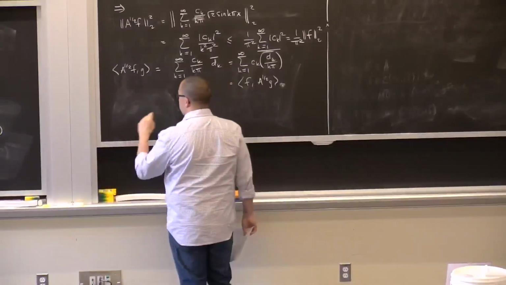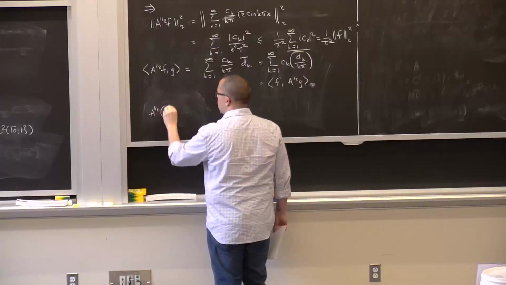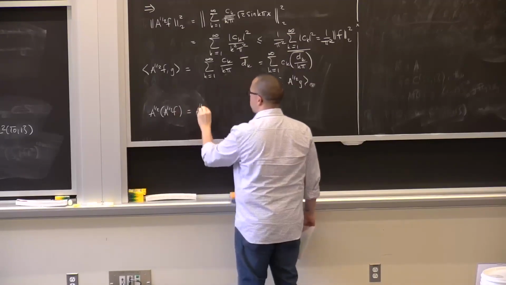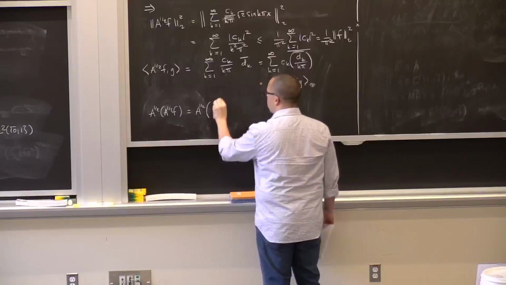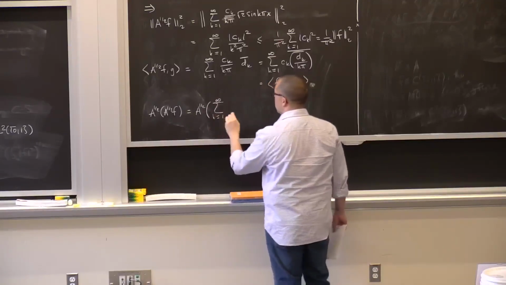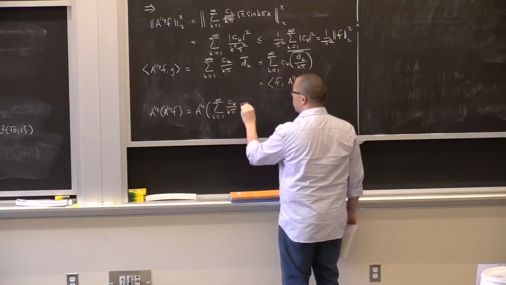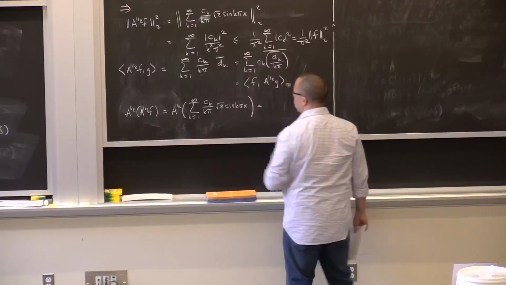If I look at A to the 1/2 applied to A to the 1/2 f, this is by definition equal to A to the 1/2 applied to the function given in this orthonormal basis by ck over k pi times square root of 2 sine k pi x.